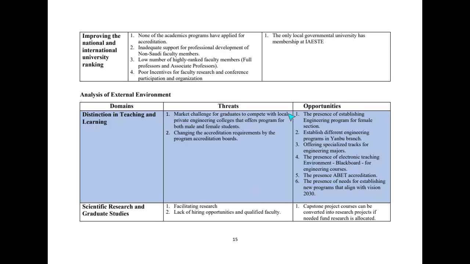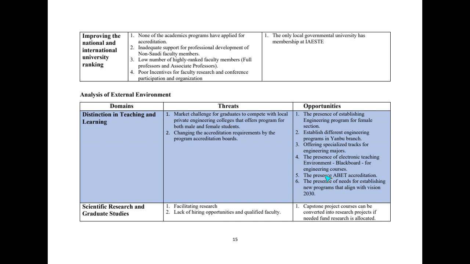In the opportunities, we have the presence of ABET accreditation. So this is one of the opportunities that the college could have. It's an opportunity you have now that you can obtain it, because you don't have it yet. So this is one of the opportunities, and it's mapped with the mission and the vision and also the objectives.